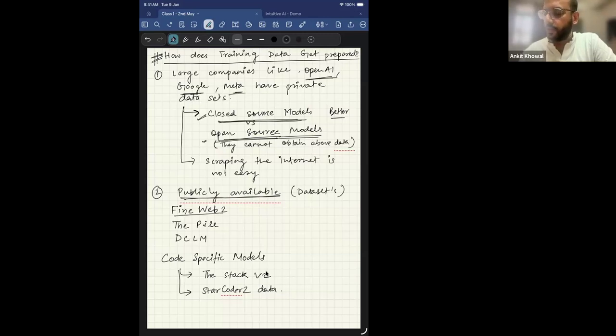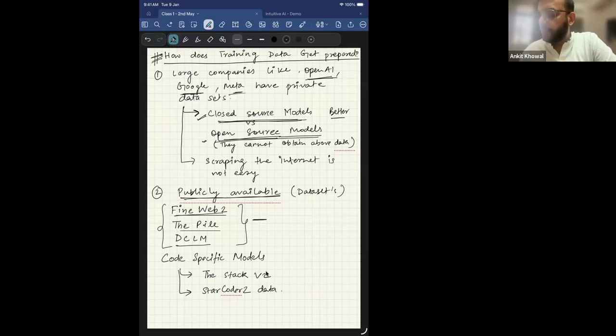They are nothing but what I showed in the previous thing: articles, all of them clubbed together, where they have removed stop words, duplicates, and all of that, and created a data set. So FineWeb 2 is a data set. The Pile is a data set. DCLM is a data set. You can go in and search about these data sets. They are available on the internet. And if you are creating, let's say, your own model, you can train your model on these data sets.